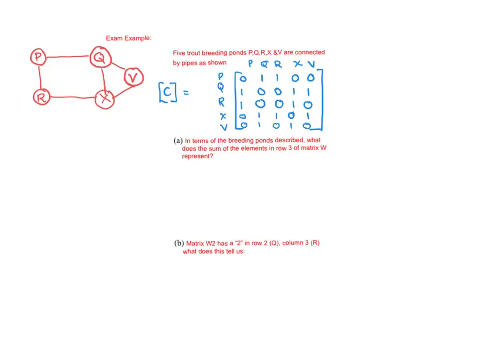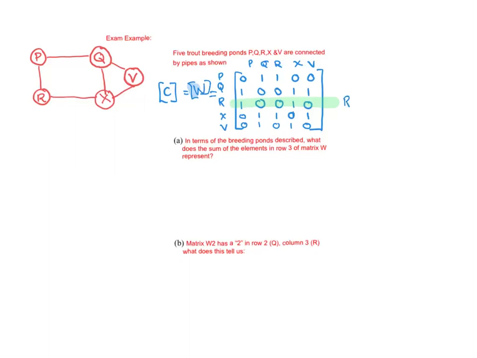They might ask, in terms of the breeding pond, what does the sum of the elements in row 3 of this matrix represent? In the original example they called this matrix W. So what does the sum represent?